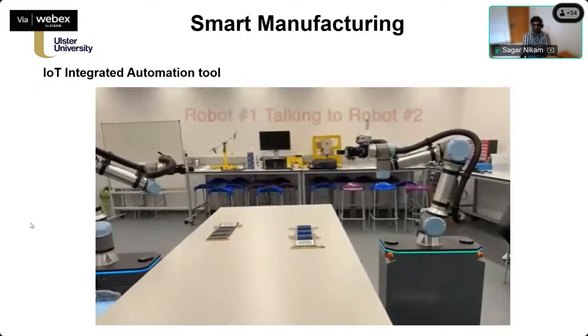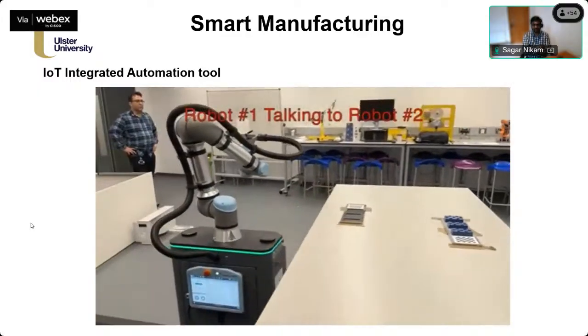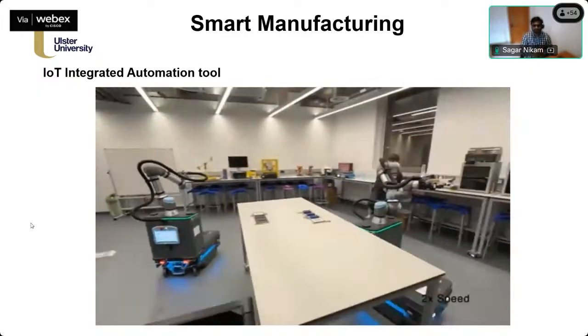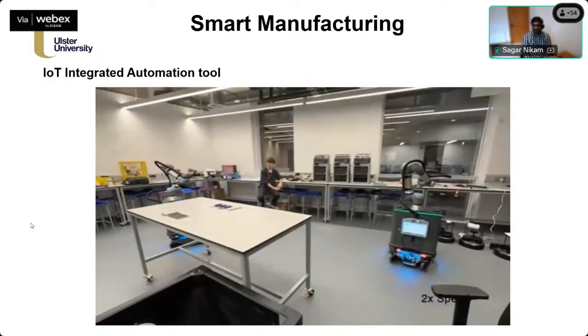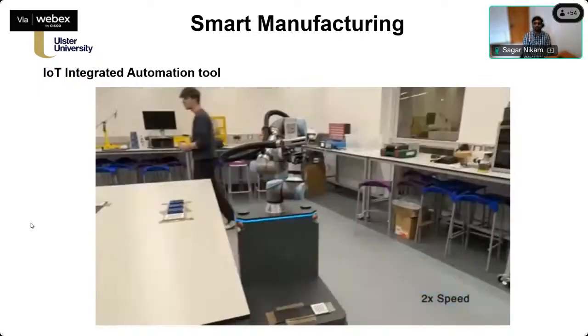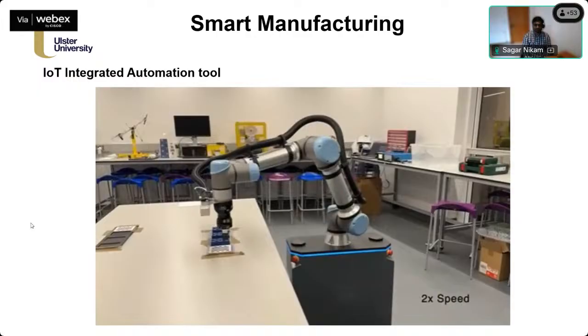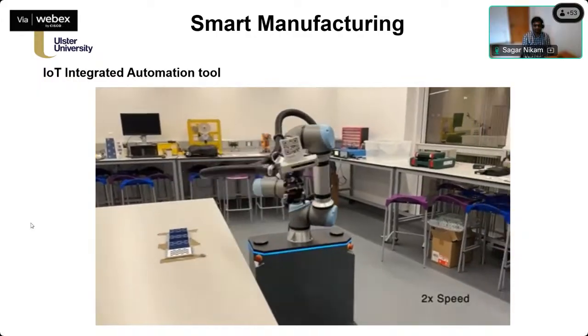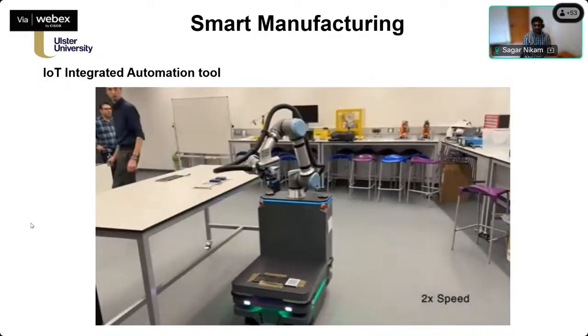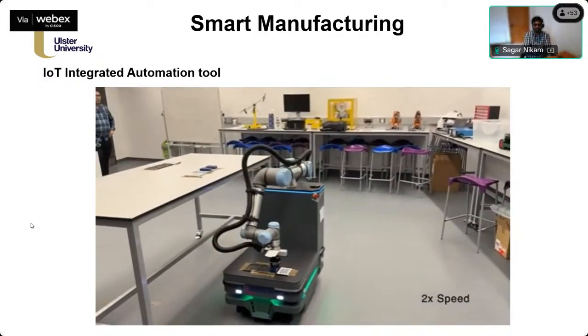Once the task is completed, robot one will tell robot two to come and pick up the other pallets. This is just communication between the two robots, which helps move the pallets from one place to another. Now this robot will come and pick up the pallet, put it on its own deck, and then move to the other location.